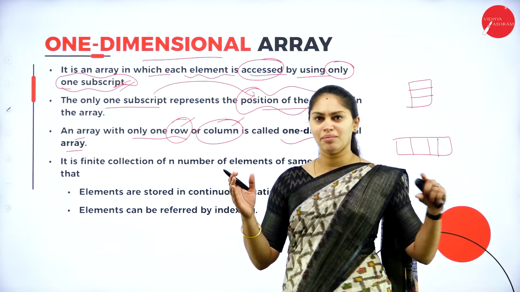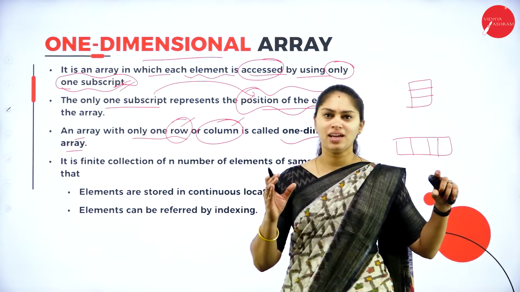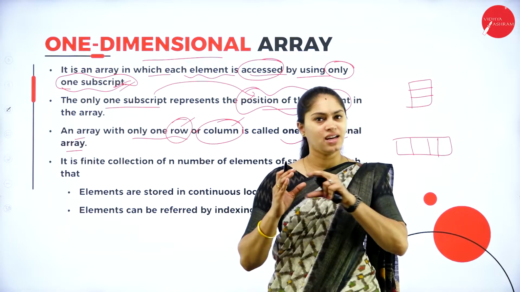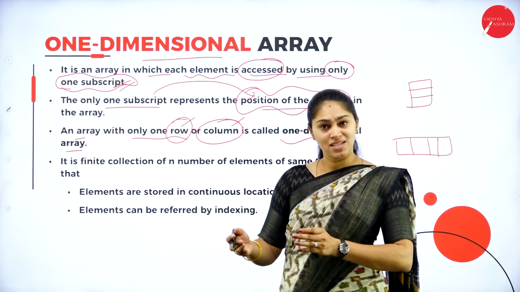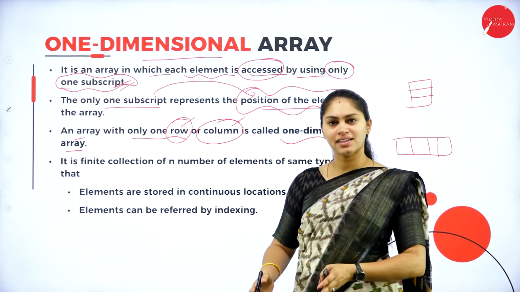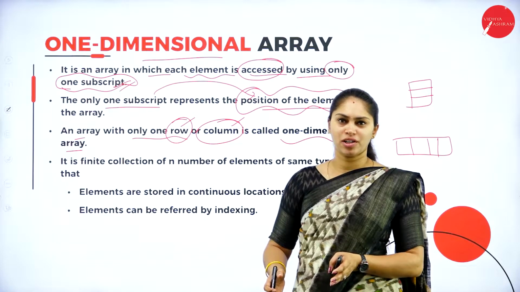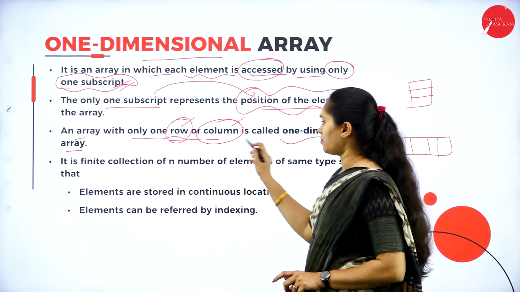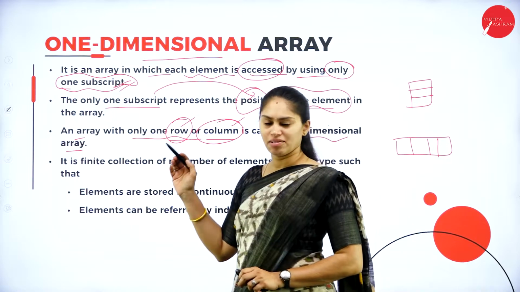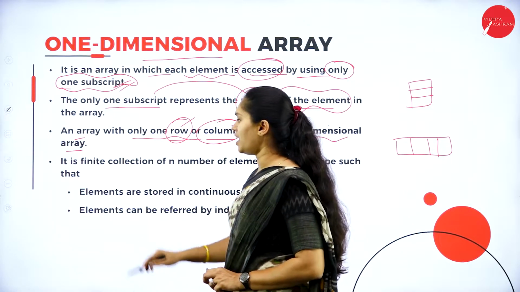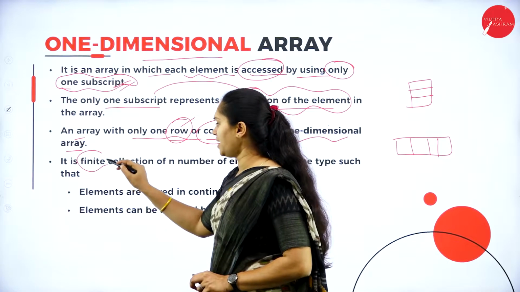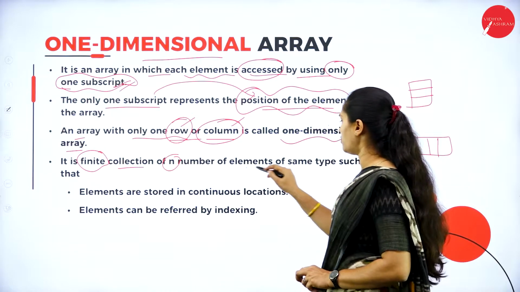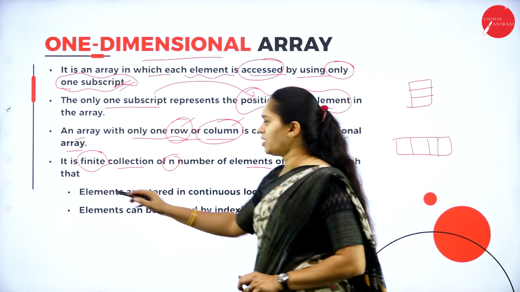If I have 50 elements, all elements will be shown one after another in a row-wise format. If I am representing that column-wise, then all the 50 elements will be shown one by one. So it can be either a row or a column, and that will be considered a one-dimensional array. And moreover, it is a finite collection of n elements of the same type.